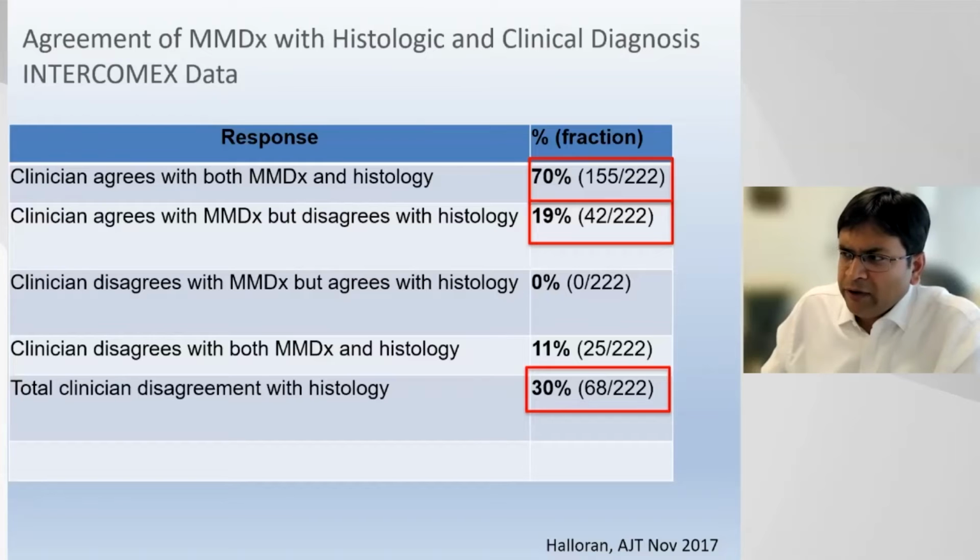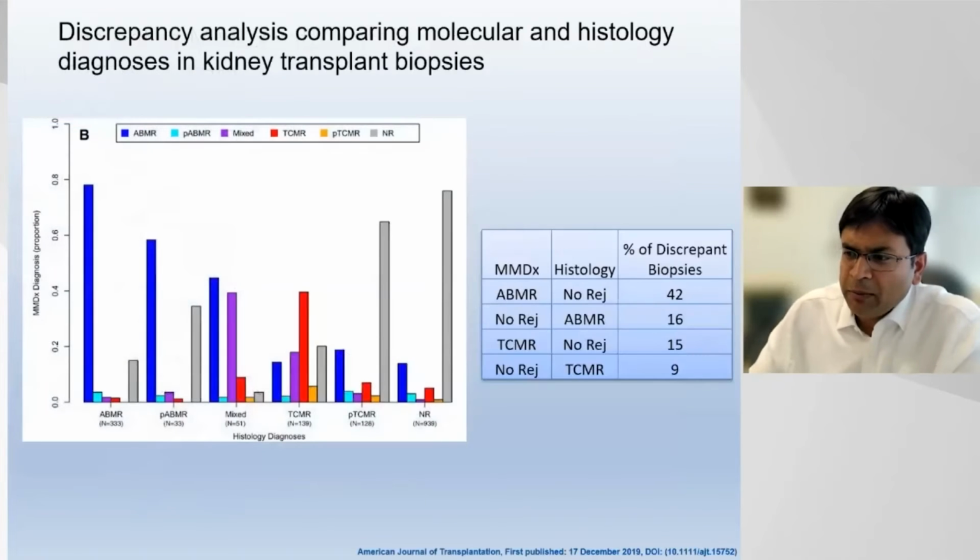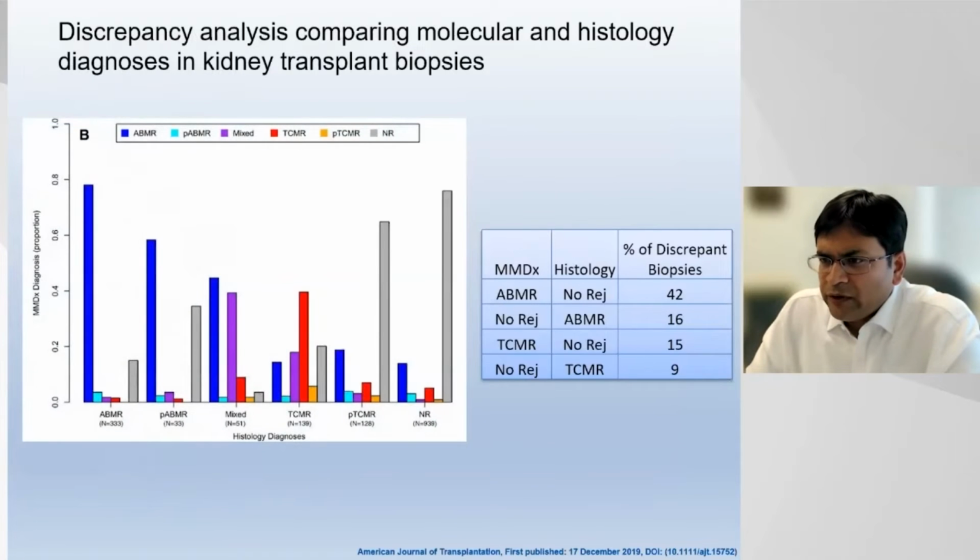This was further analyzed in a follow-up paper published a couple of years ago, which is listed here, where if you look at these discrepant biopsies, around 40% of the time, MMDx called it ABMR, but histology did not. And that remains a common theme from our own single-center data from before.